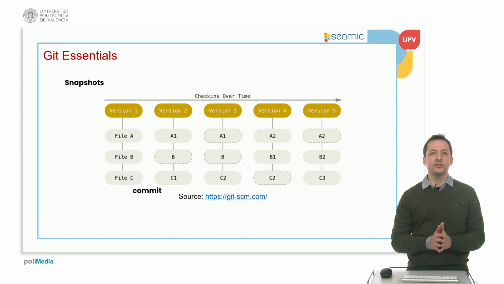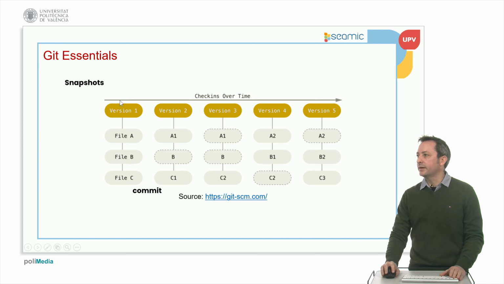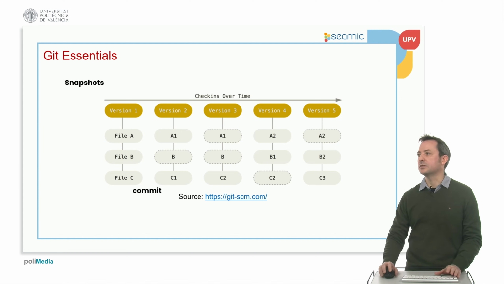The basic concept of Git is snapshot. A snapshot represents a picture of the state of the files of our project in a given moment. So here, let's say that we have a project with 3 files, A, B, and C, and we take a picture of this folder with the state of these files at this moment.